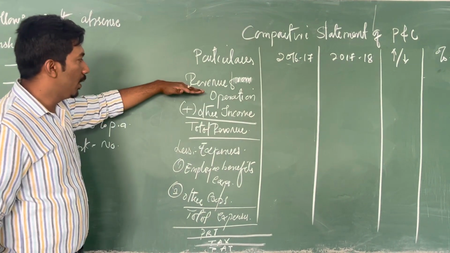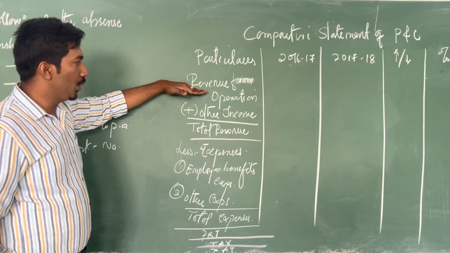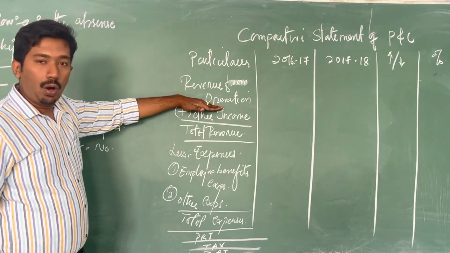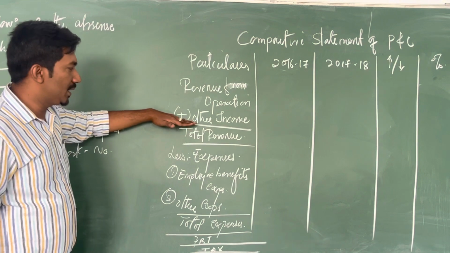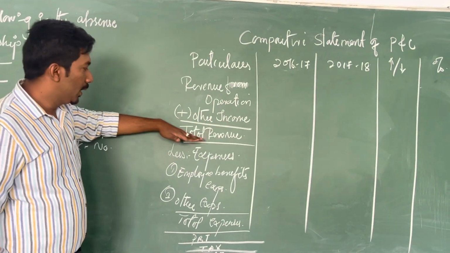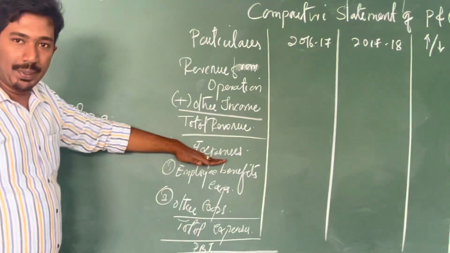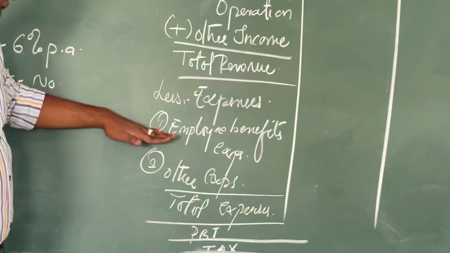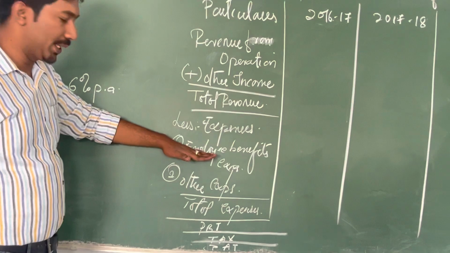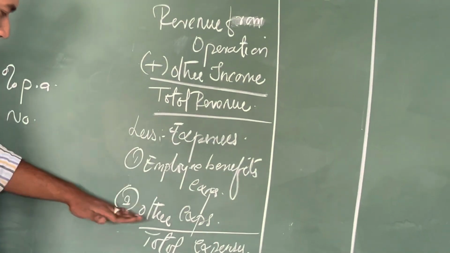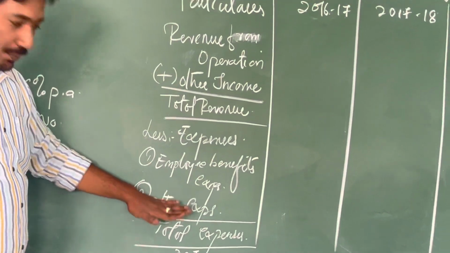So now here the first item you will write is revenue from operation, then revenue from operation plus other incomes if you have any, then total this. So total revenue less expenses. The first item is all the expenses, most of the expenses will be employee benefit expenses and other expenses if you have any.